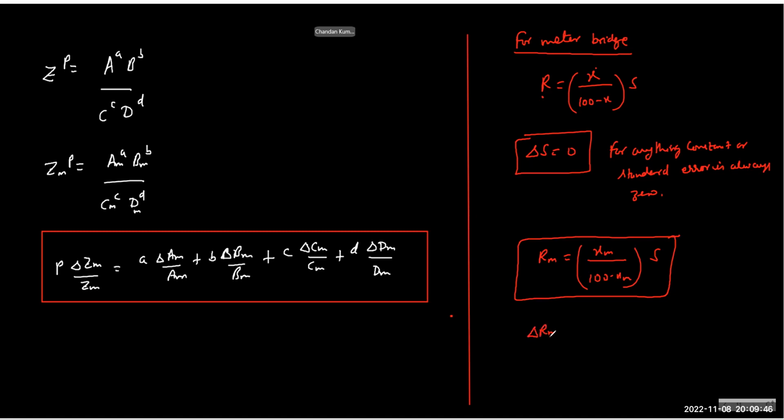And delta R mean upon R mean, the relative error in R, will be how much? So we have two terms. X in the numerator, so we can write delta X mean upon X mean plus delta of 100 minus X mean upon 100 minus X mean, the error of the denominator upon.